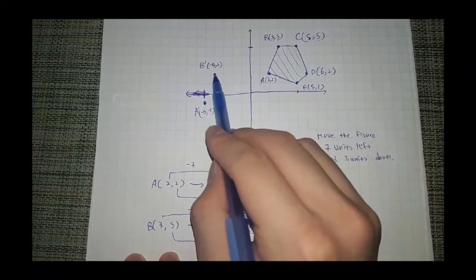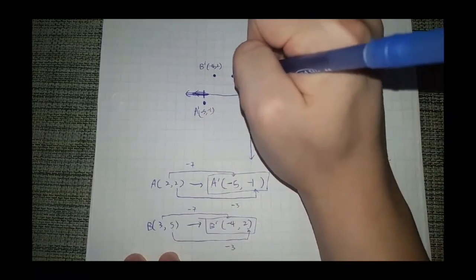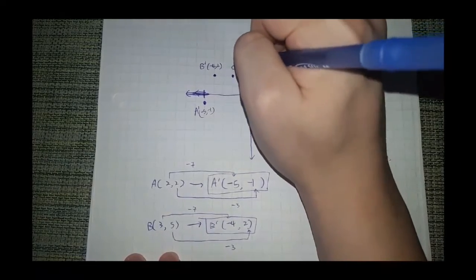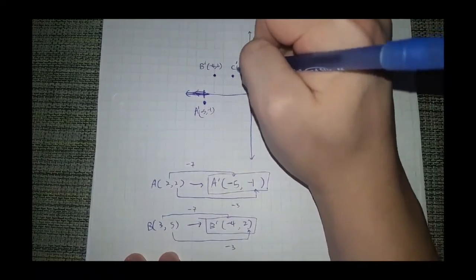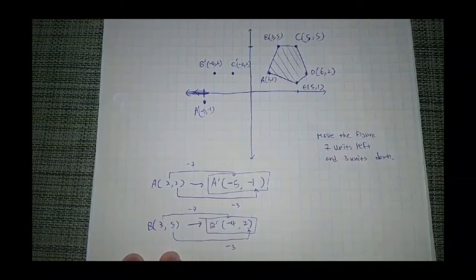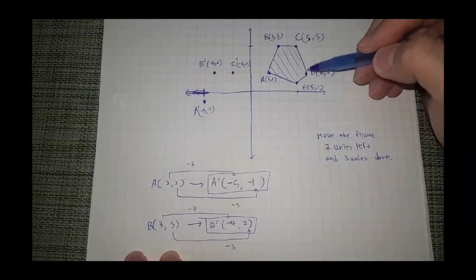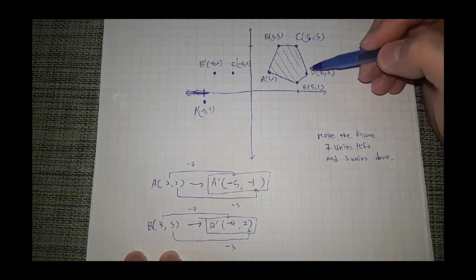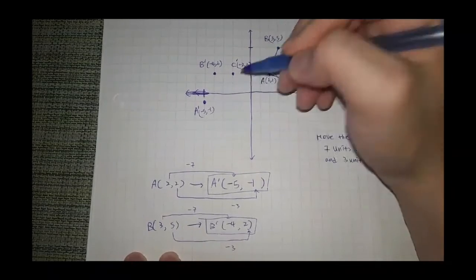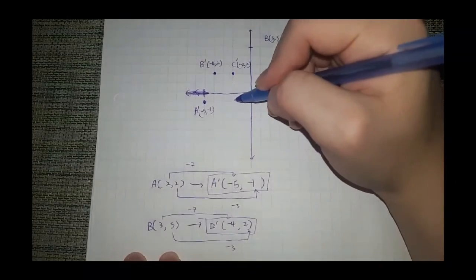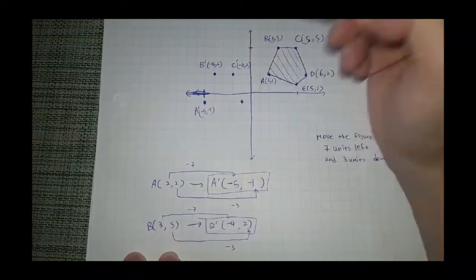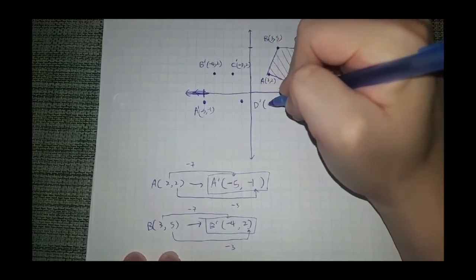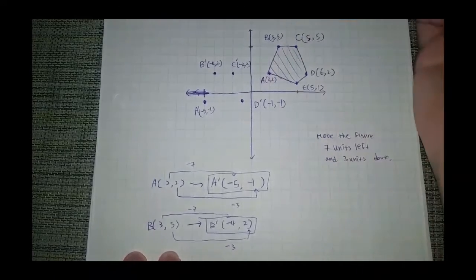If I find the new position of B, I can easily find C's new position because it's just 2 units to the right of B. Similarly, if I look at C and D's relationship, if I go 3 down and 1 to the right, that's the new position of D, which is minus 1, minus 1.